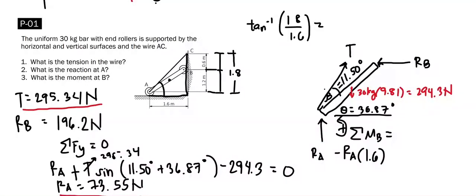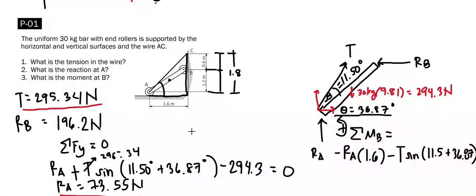And then we have the tensile force T that has a vertical and horizontal component, so we take that into consideration. So let's start with the vertical component, that is negative T, since it induces a clockwise moment, times sine of 11.5 plus 36.87 degrees.